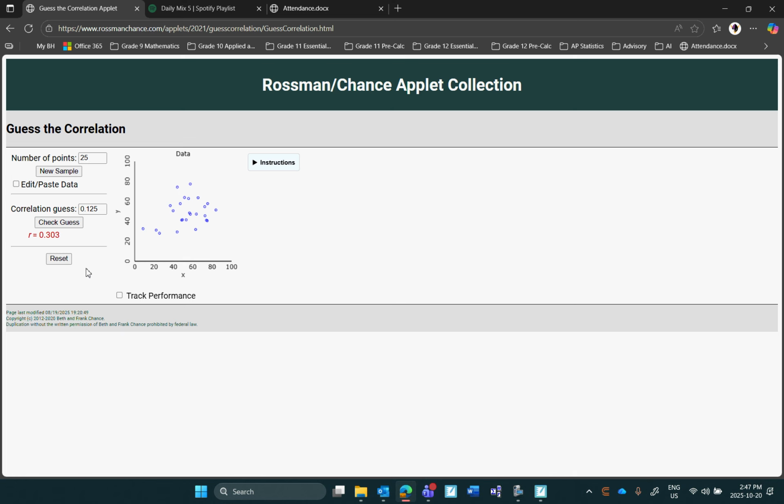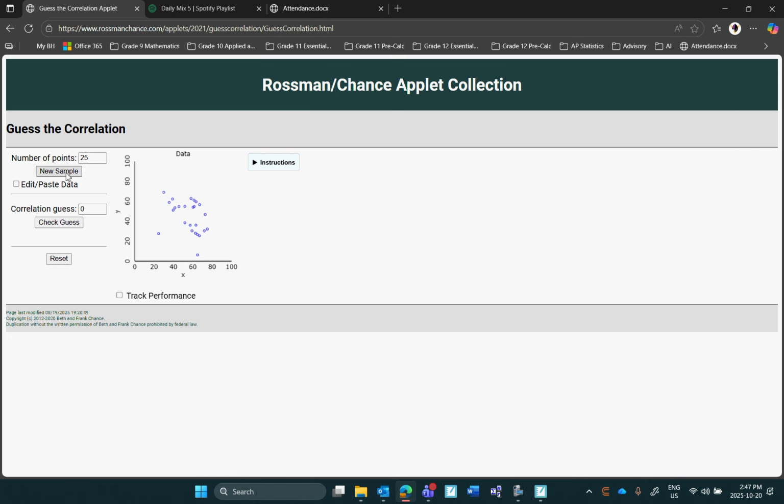That's still 0.3. It's maybe a little bit higher than you think. Okay, so clearly for 0 or 0.1, it's got to be pretty scattered.